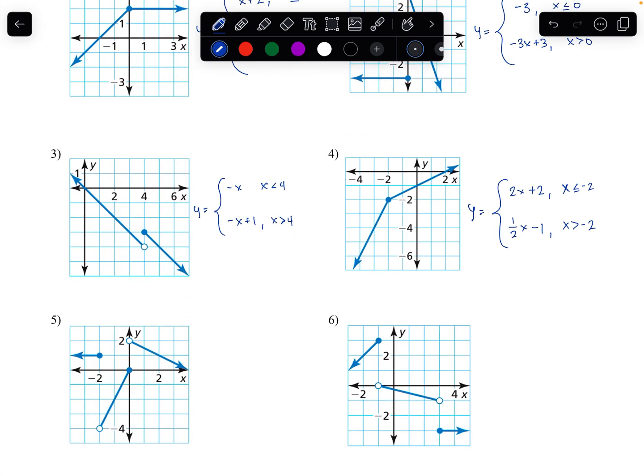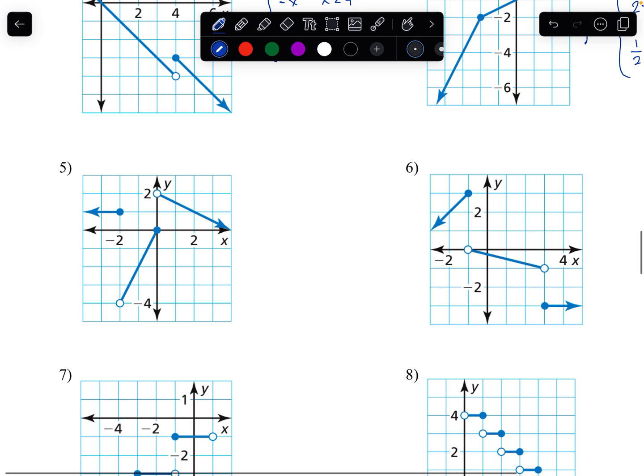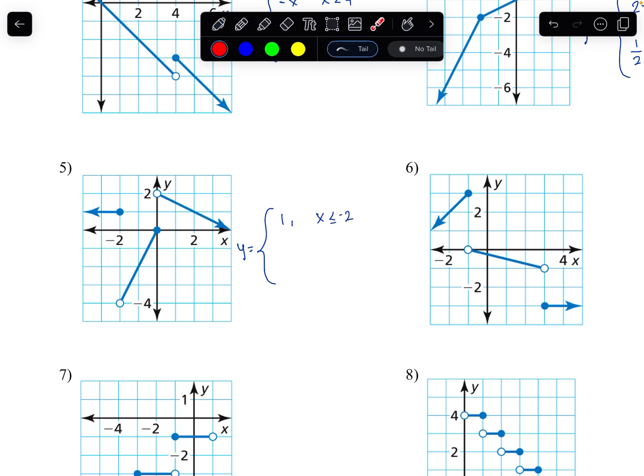Okay. For 5, we got 3 pieces. The first piece is constant at +1, so we'll just say 1, and this is when x is going to be less than or equal to -2. That's where this one ends, and this other one's going to begin. So this other one right here has a slope of 2, so 2x, and its y-intercept is at 0.